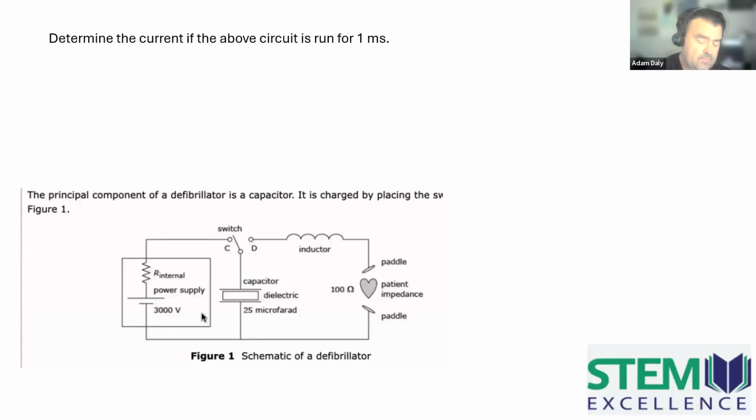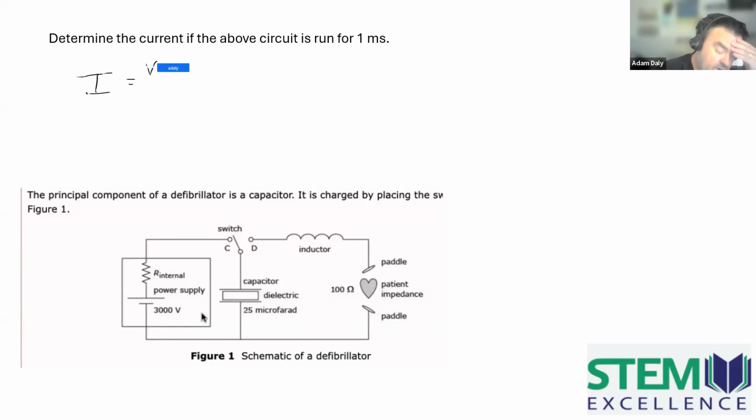1 millisecond. Anytime we have current, this is a physics question, and not that this is a physics video, but in general, you see you have an equation, and you go, okay, current is a lot of things.